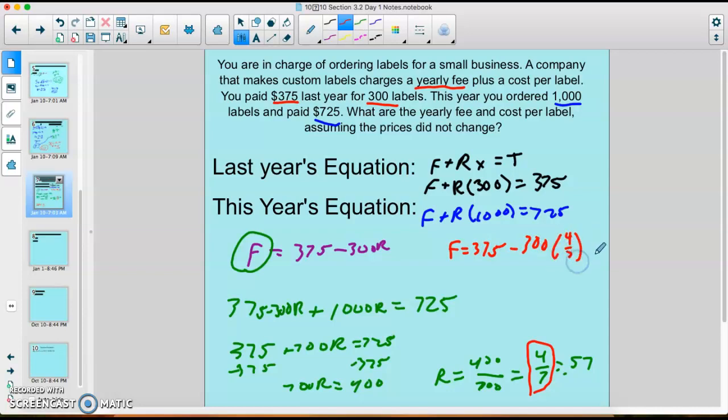Okay, this is calculator work. 375 minus 300 times 4/7, and our fee is $203.57. Okay, so our fee is that much, and our rate is 57 cents per label.